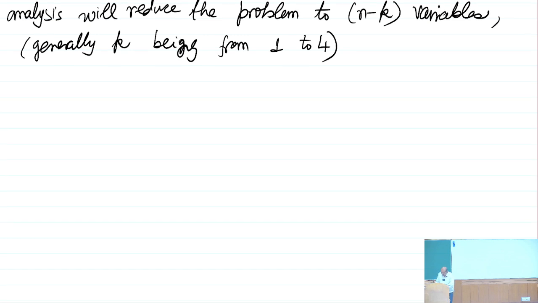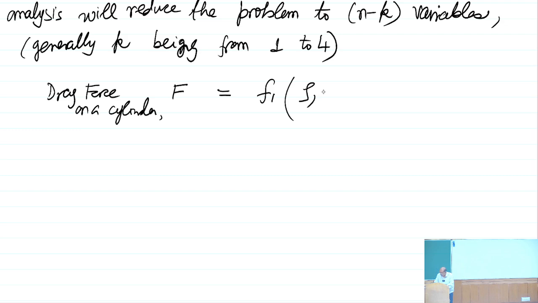As an example, suppose we talk of drag force on a cylinder. Let's call it F. And say this is a function of density, mu, V and the diameter of the cylinder.